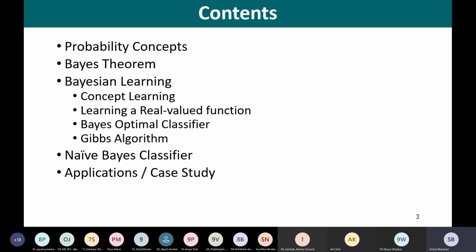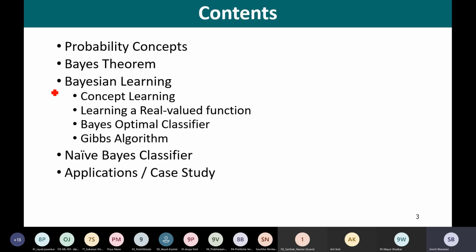What are we going to cover in this unit? We are going to have a quick recap of probability concepts initially, because probability theory is required in all the concepts that we are going to learn in this unit. Then we are going to see Bayes theorem.